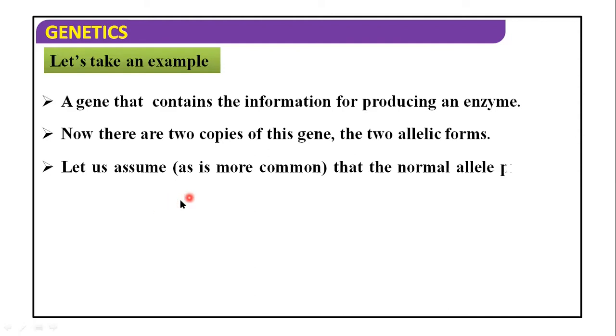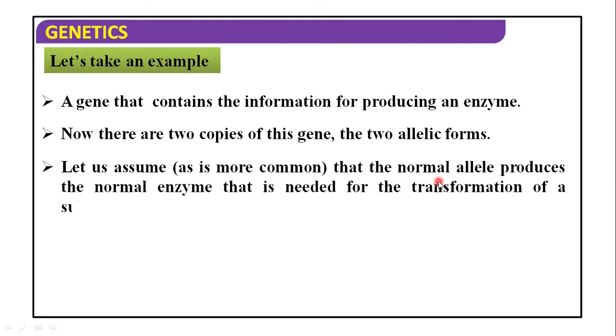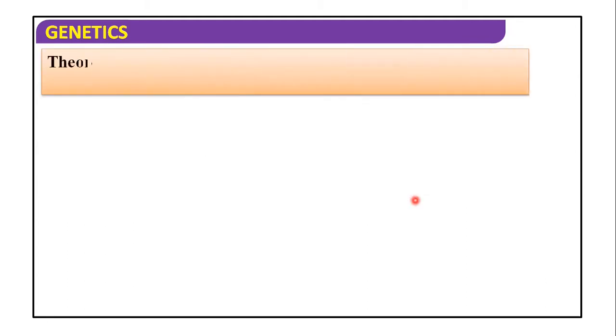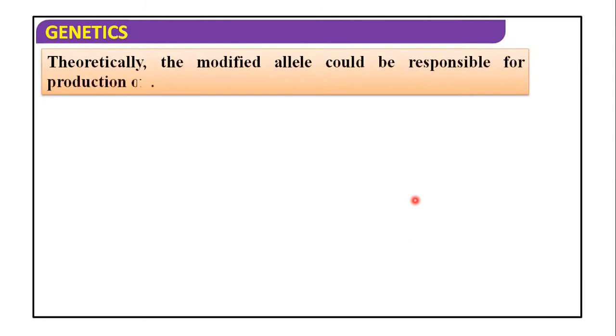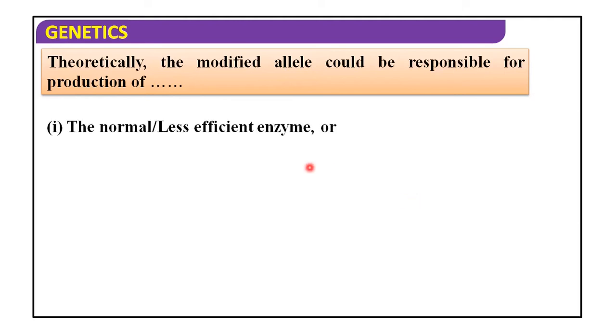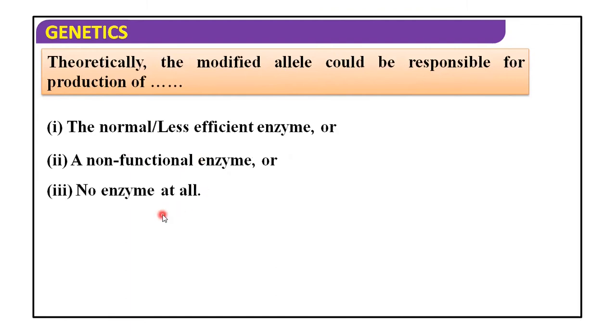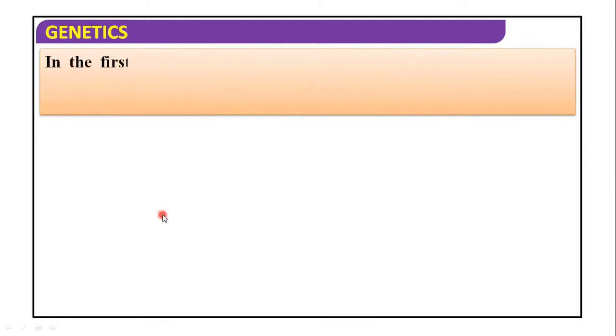Let us assume, as is more common, that the normal allele produces a normal enzyme that is needed for the transformation of a substrate S. Theoretically, the modified allele could be responsible for the production of a normal enzyme, a less efficient enzyme, a non-functional enzyme, or no enzyme at all.